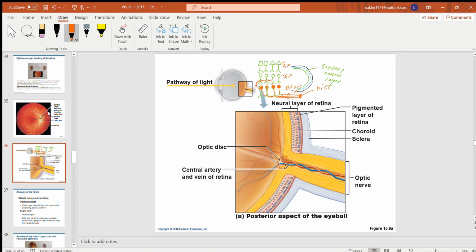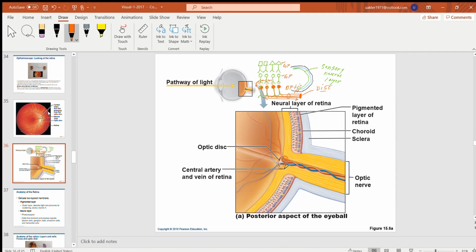Now one thing is interesting, that the axons are unmyelinated until they reach the optic disc. So in the wall of the eyeball, the axons of the ganglion cells are unmyelinated, which allows the light to easily pass through it.